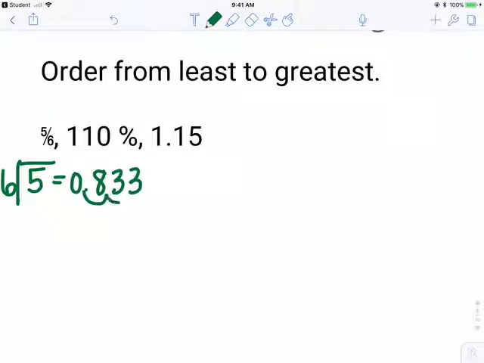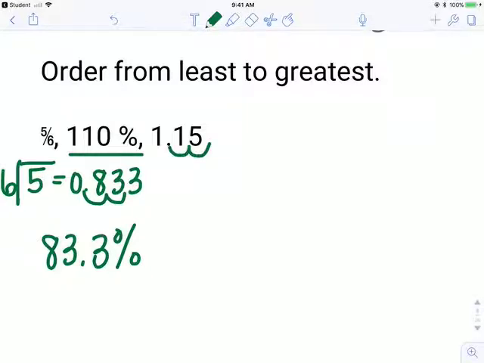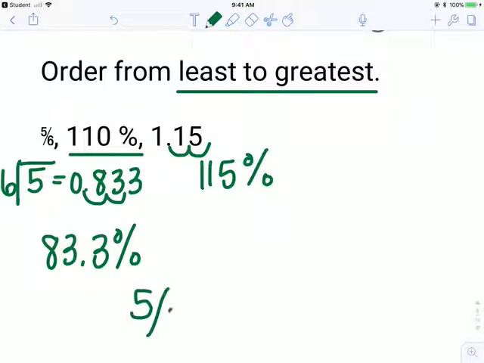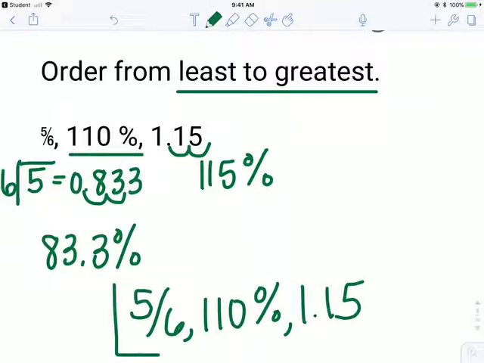So when I move the decimal 2 places, I get 83.3%. And then I already have a percent with 110. And then I'm going to move this decimal 2 places to the right and get 115%. So ordering least to greatest, I get 5/6, 110%, and 1.15, which is the exact order it came in.